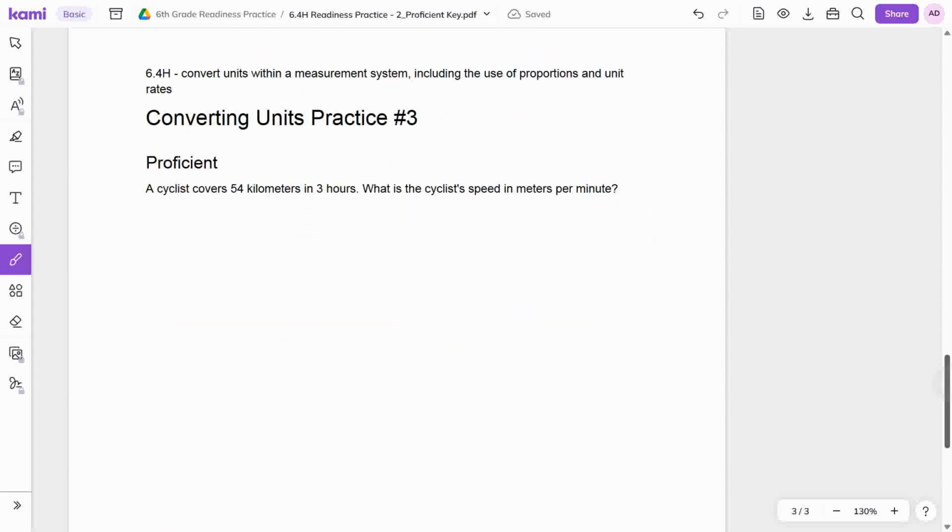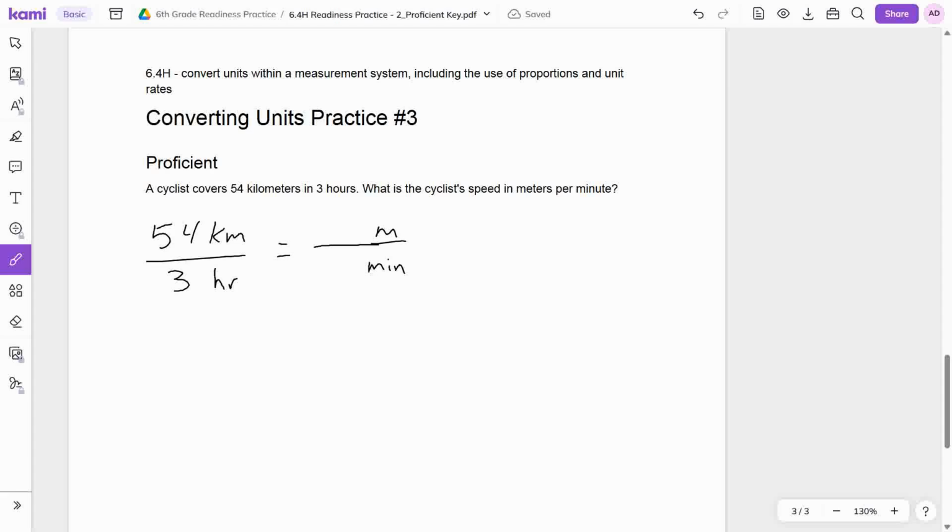For our third problem, we've got another rate kind of like that snail. We've got 54 km for 3 hours. We need it in meters per minute. All right, so we need to change both. Let's make a unit rate again. I want to know how much it is in 1 hour.